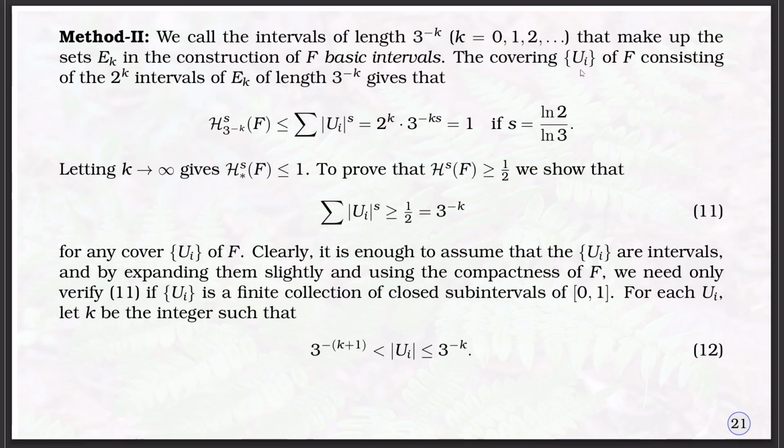The covering U_i of F consisting of the 2^k intervals of E_k, each of length 3^(-k), gives, taking this as our delta, H^s_delta of F less than or equal to the sum of |U_i|^s, which equals the number of intervals 2^k times the size 3^(-k) to the power s, which is equal to 1 if s equals ln 2 by ln 3.